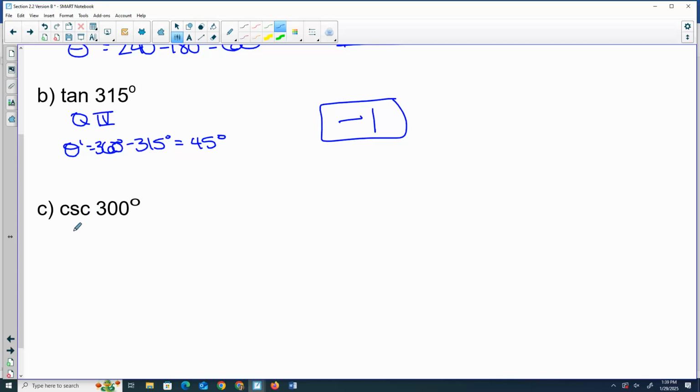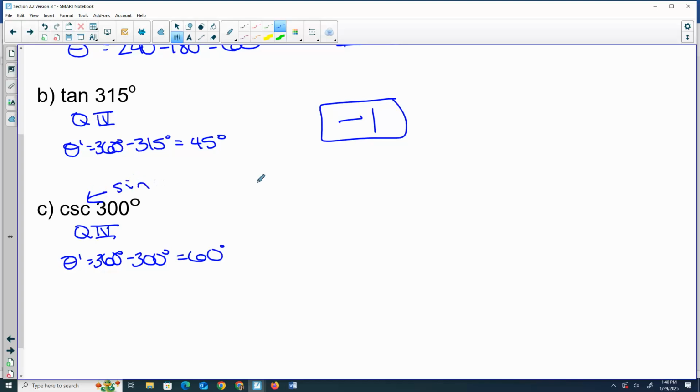Cosecant of 300. What quadrant is 300 in? Quadrant 4 again, so reference angle 360 minus 300, 60. In quadrant 4, cosecant is the reciprocal of what? Sine.